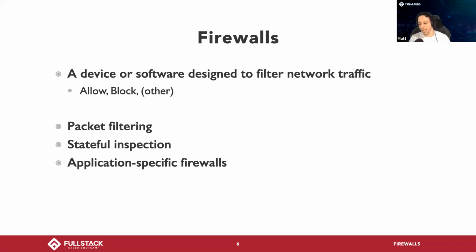It may know a little bit about HTML, SQL injection, CSS and JavaScript, so that it can look for specific things like cross-site scripting attacks or SQL injection. A little bit more advanced, looking deeper into the data, but still considered a firewall.